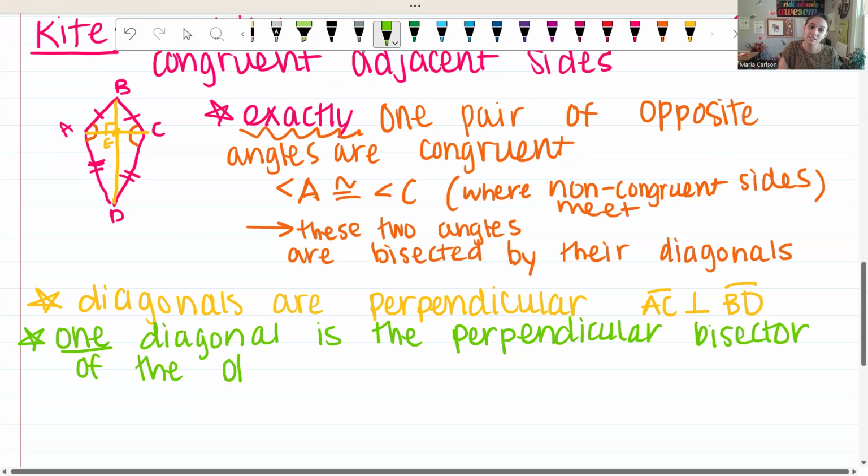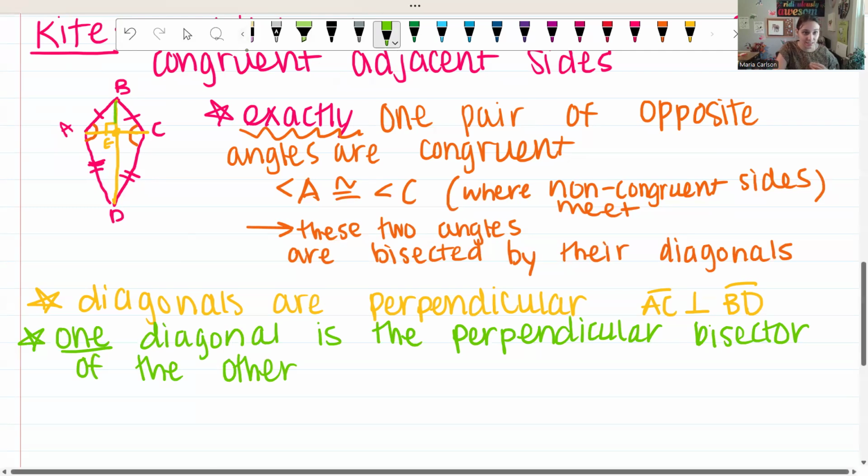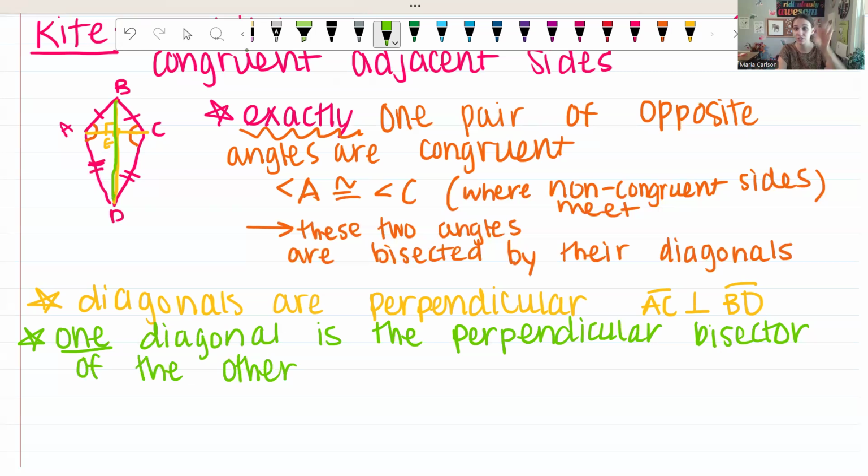So one diagonal, we already know they're perpendicular, is bisecting the other, but the other diagonal isn't bisecting the first one. Looking at my drawing, you can see that BE is certainly shorter than ED. Those are two different lengths.